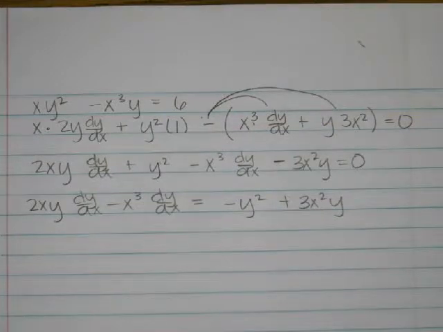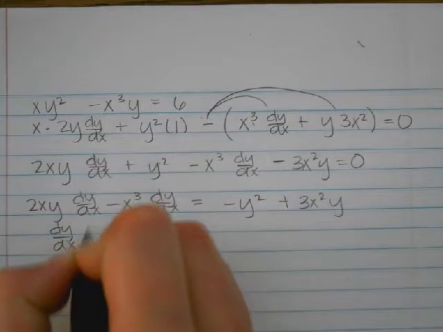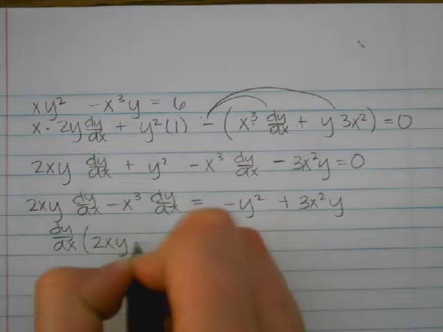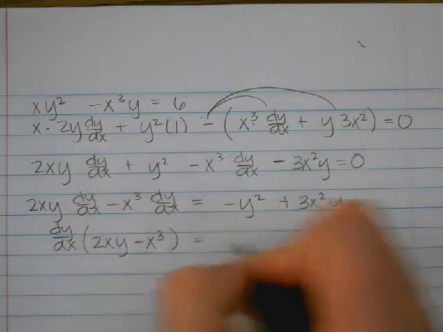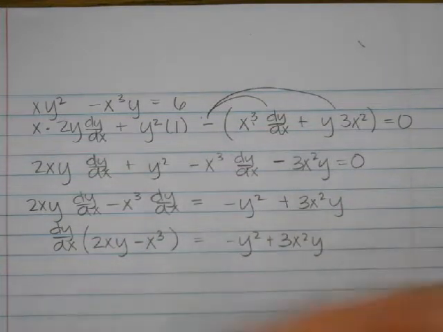What do we do after that? Yeah, factor out the dy dx. And then divide the parentheses over.